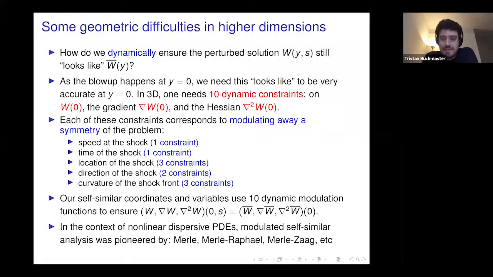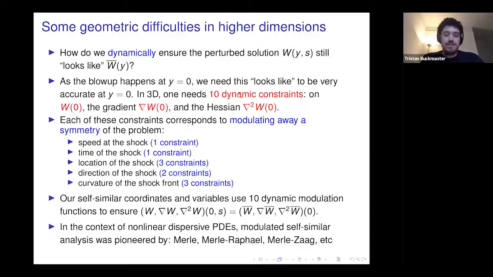What are the difficulties in dealing with the 3D Euler equations as opposed to, say, the 1D Euler equations or 2D Euler equations with symmetry? It's much harder to isolate the Burgers-like behavior in 3D because so much more can happen.